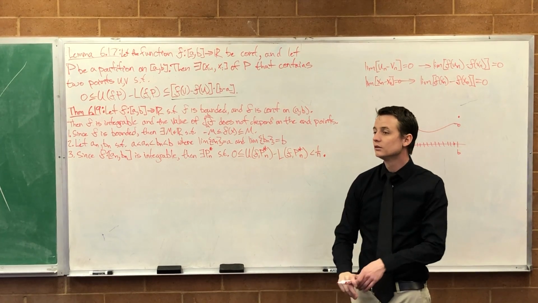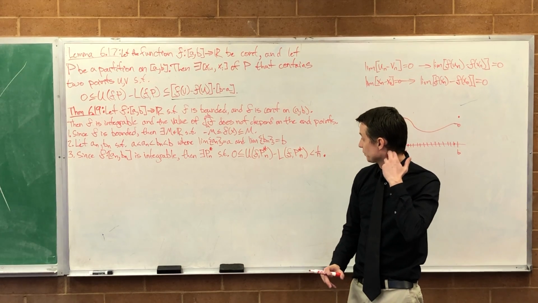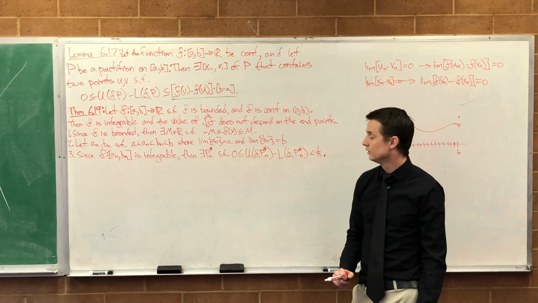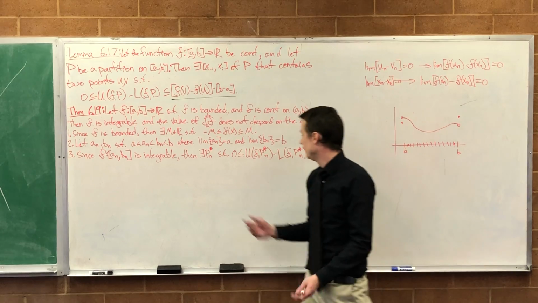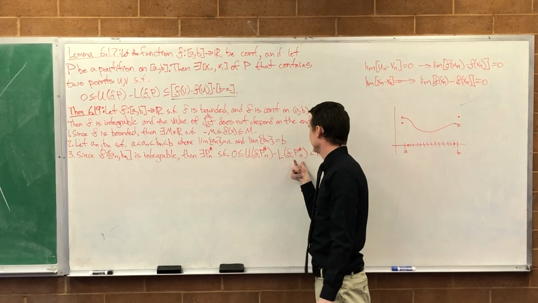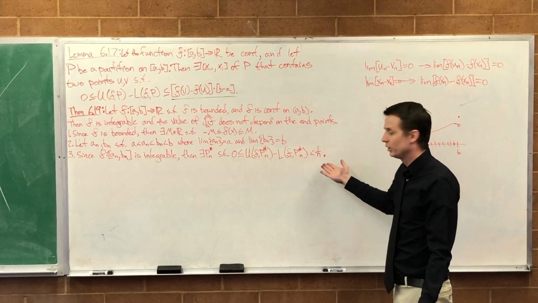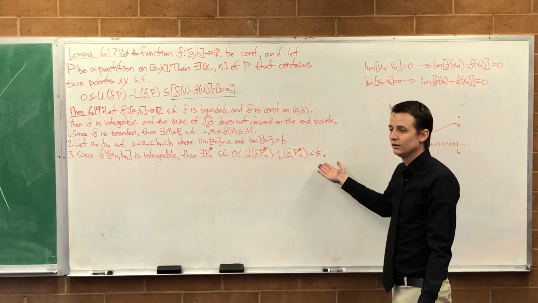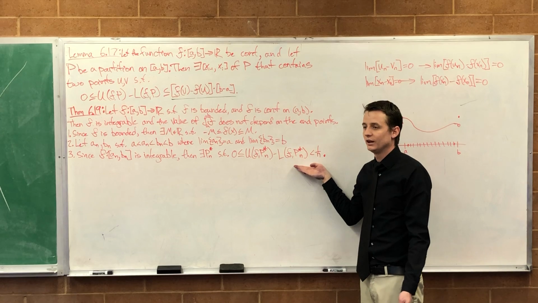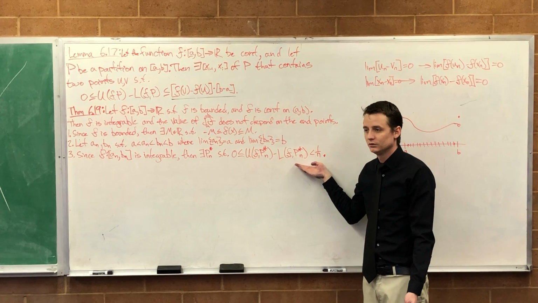So P star n is a sequence of partitions, right? It's a particular partition in the sequence. We're referencing a particular one. We could have said i, such that 1 over i if we want. It's just we're going to use this in a sequence now to show that it's going to go to 0.